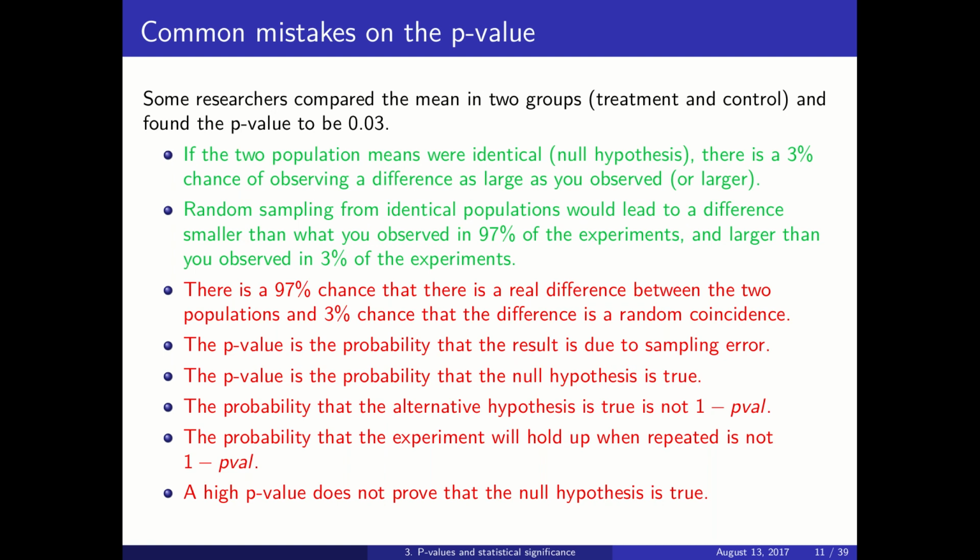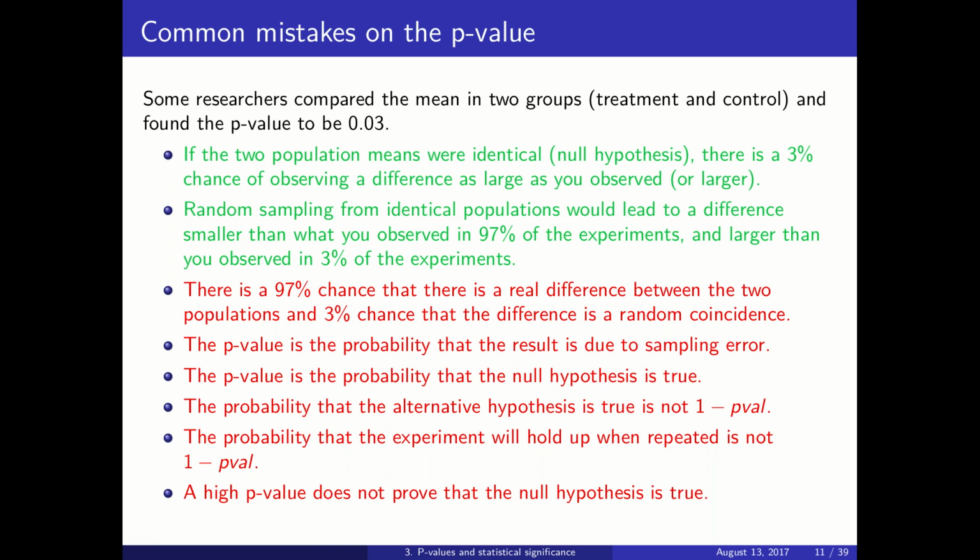And now we have incorrect ways of reading that p-value. An incorrect interpretation is that there is a 97% chance that there is a real difference between the two populations and a 3% chance that the difference is just a random coincidence. Or that the p-value is the probability that the result is due to sampling error. Or that the p-value is the probability that the null hypothesis is true.